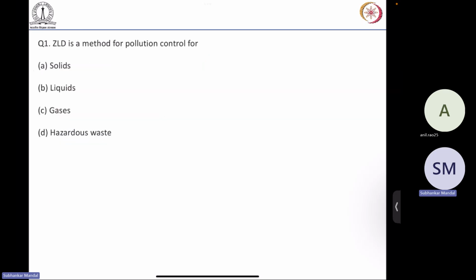So this is the first question. ZLD, zero liquid disposal, is a method for pollution control for solids, for liquid, for gases, or for hazardous waste. If people can write in the chat box which one will be the answer.